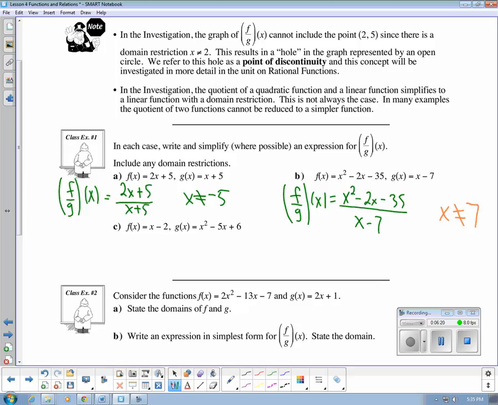But I can actually factor on the top. I can write that as (x minus 7)(x plus 5) over (x minus 7), so that this statement actually simplifies into just x plus 5, but still x is not allowed to be equal to 7.